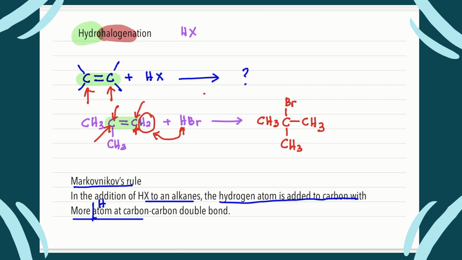Okay, so this is the product that follows the Markovnikov rule. We call the reaction an addition reaction because we add an atom to the alkene. So after the reaction, the number of atoms in a molecule increases.